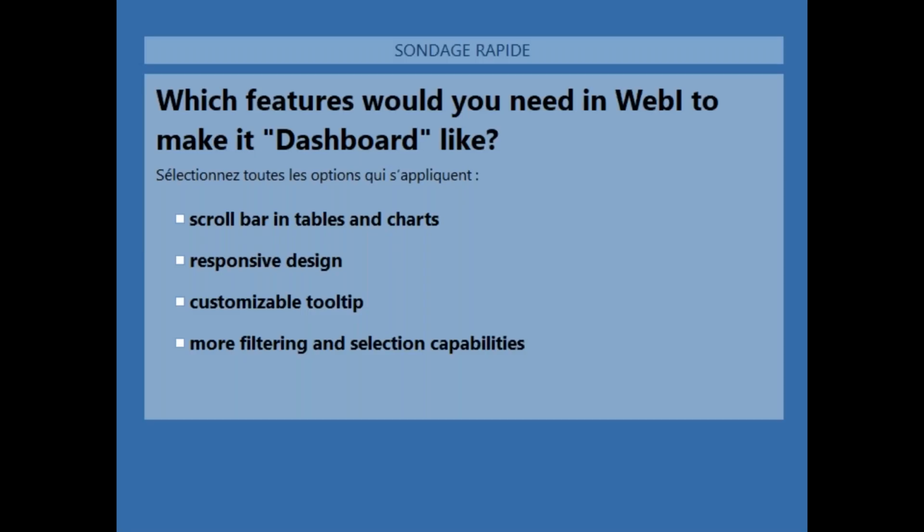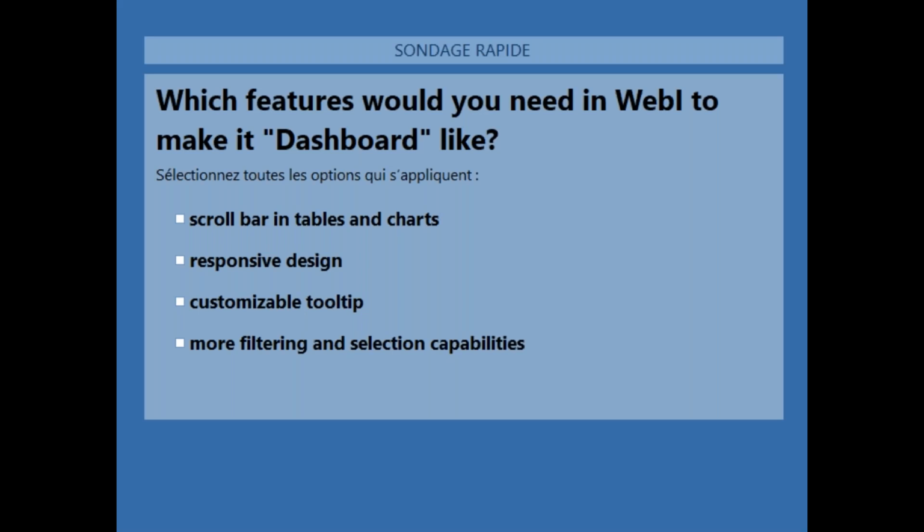We're going to start poll number 2 right now, before starting the demo. And the question I'm asking you, because you are all already using WebI, and you might have identified some enhancements to make WebI a better dashboarding tool that you would like to see. For example, would you need scroll bars in tables and charts? Do you need responsive design?